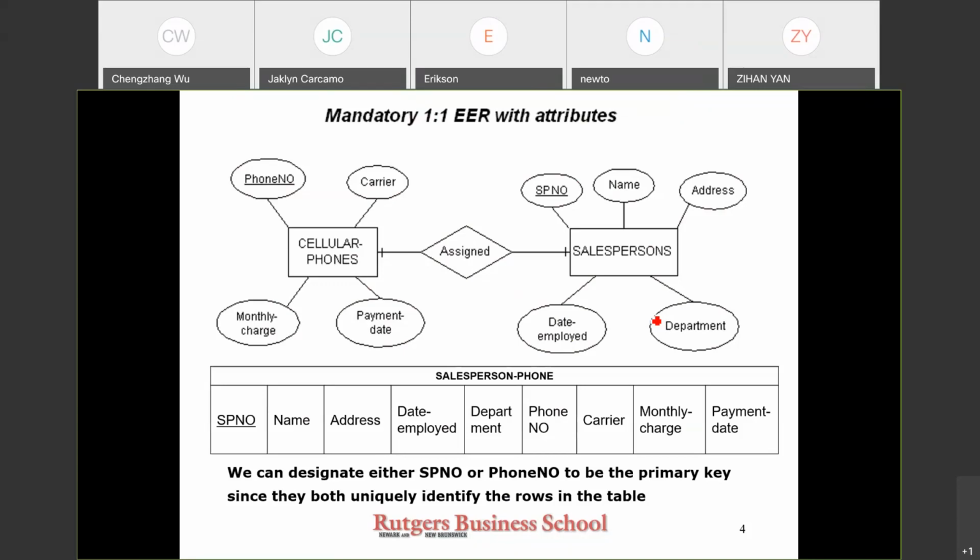So now let's consider the following ER diagram of a mandatory relationship between two entities.